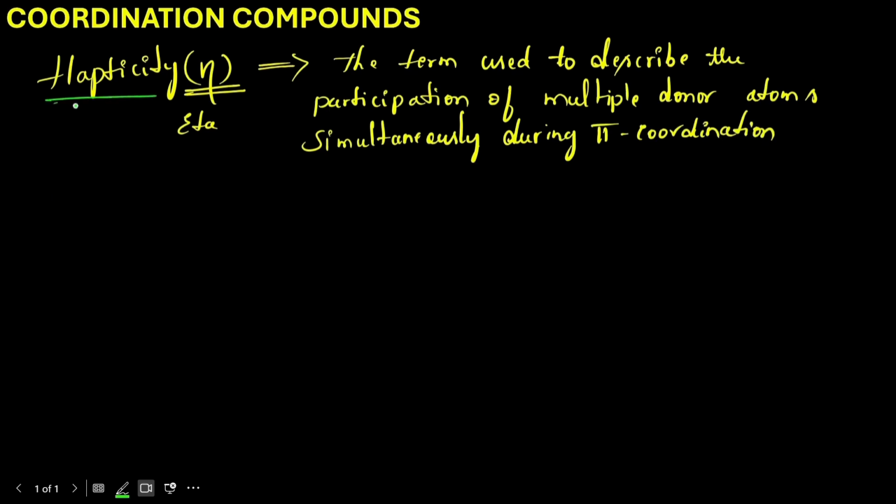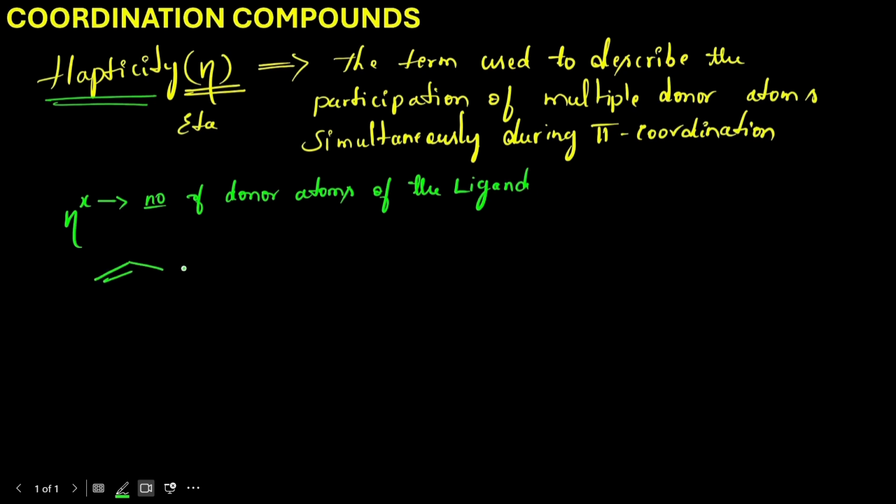Here the hapticity is denoted by the symbol eta to the power x. Here x means number of donor atoms of the ligand. Okay, for example, here we have carbon atom, here also we have carbon atom, and here also we have carbon atom.